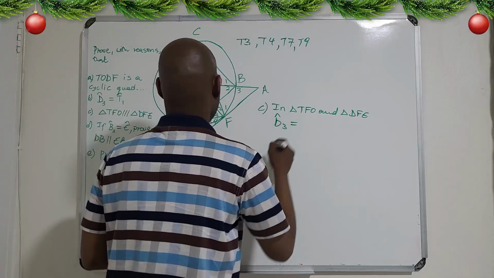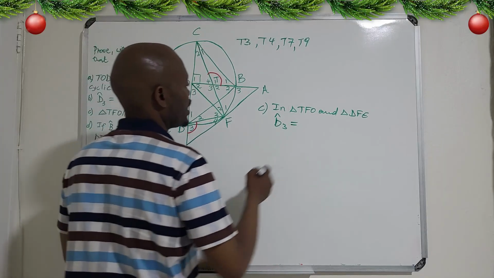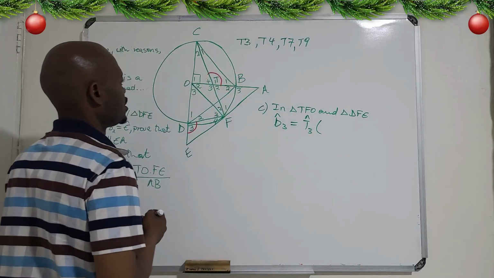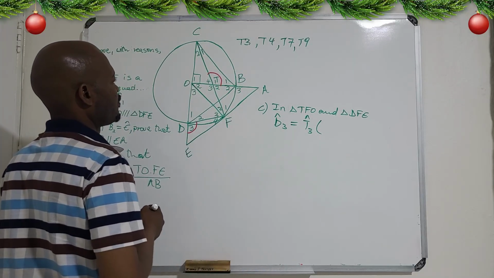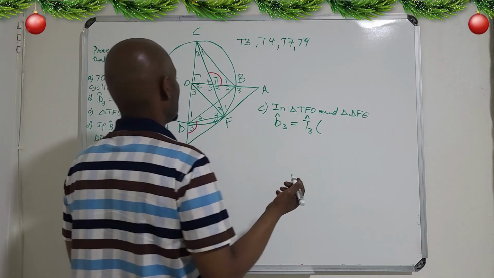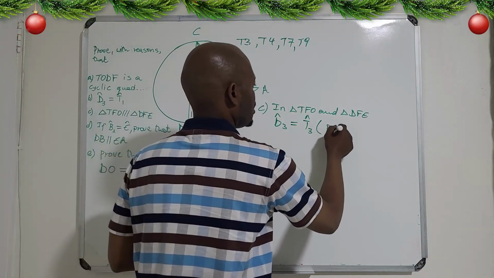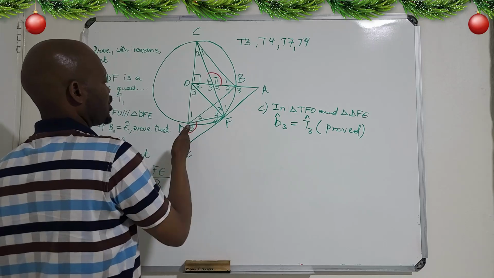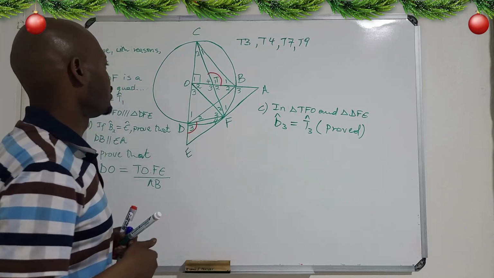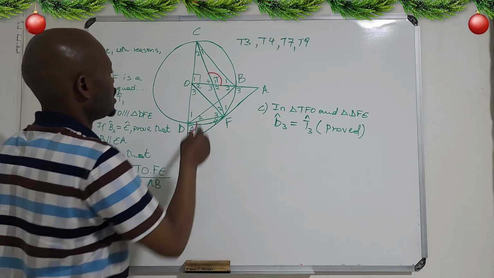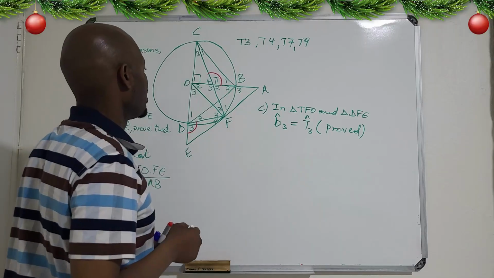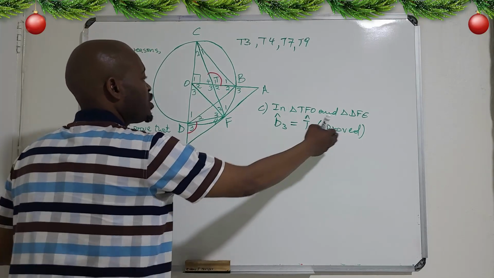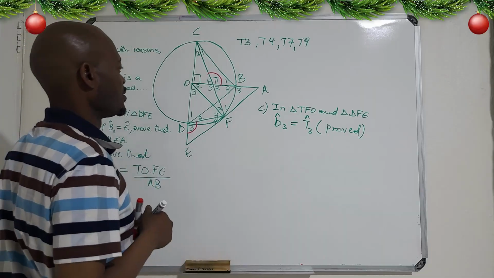Angle D3 is equal to angle T3. Reason? We have proved it. Proved. I think I'm going to say proved. Or we could have said exterior angle of a cyclic quad is equal to the opposite interior angle, but no need for us to say that. We have proved it on B.